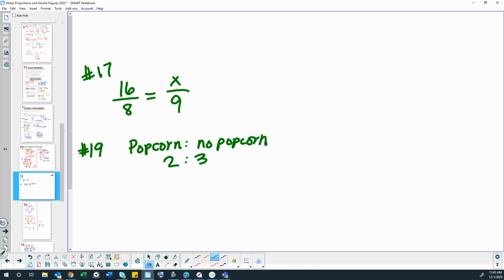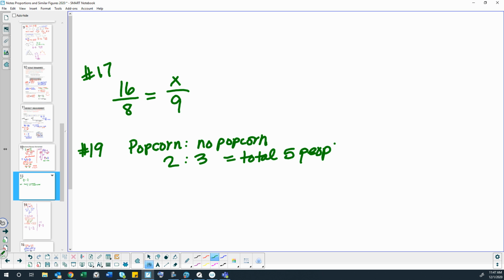Where did I get the 5 in this problem? So out of every 5 people at the movie theater, 2 are eating popcorn and 3 are not. So that's a total of 5 people at the movie.